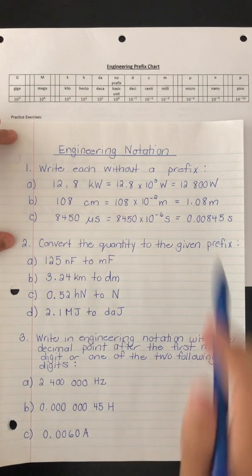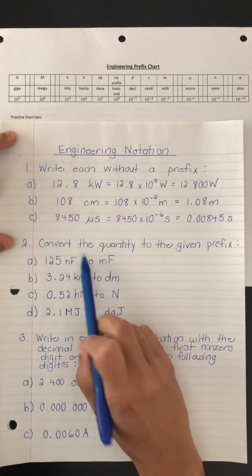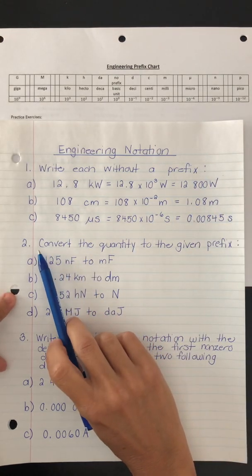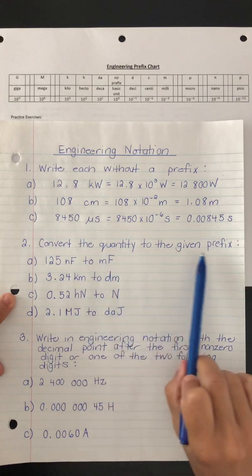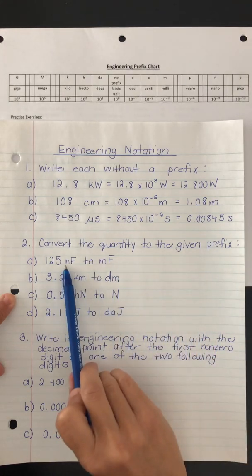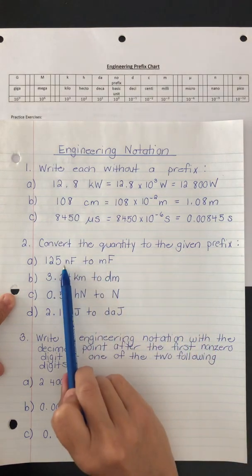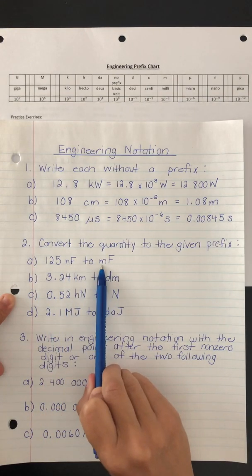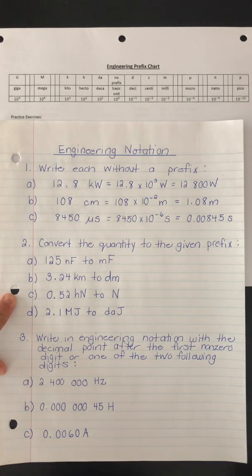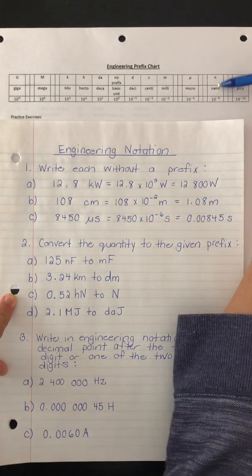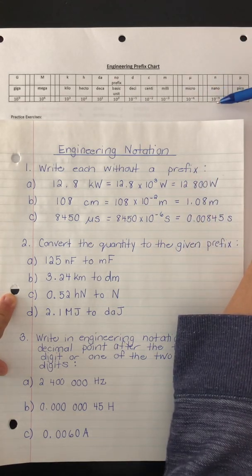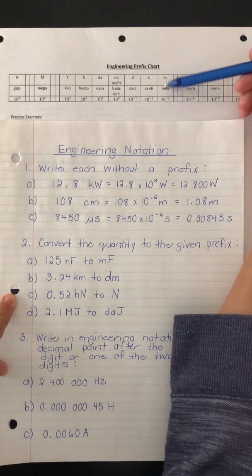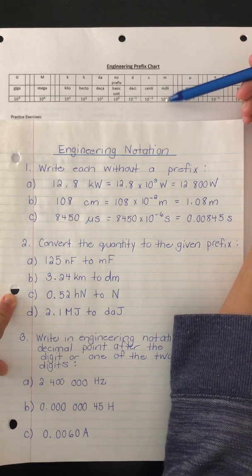Okay, so that was the first objective. The second thing we should be able to do is convert from one prefix to another. So in this first example, we are going from nano to milli. So we use the chart to help us. Nano is here in the chart, 10 to the negative 9, and milli is here in the chart, 10 to the negative 3.